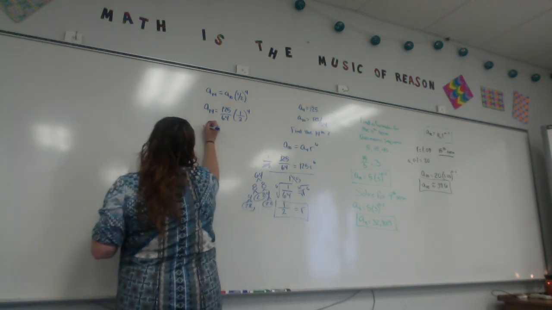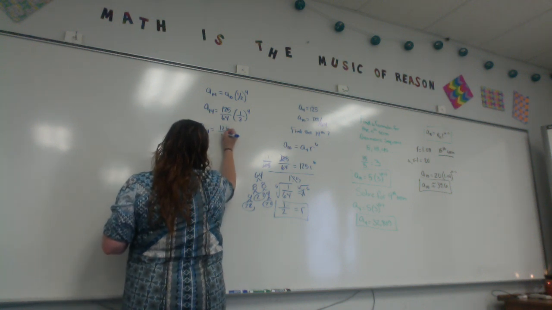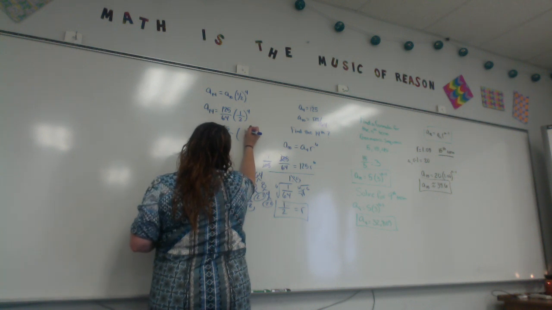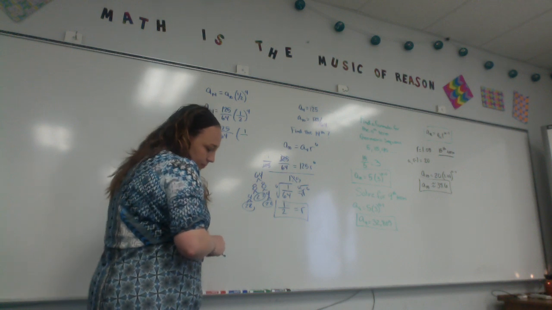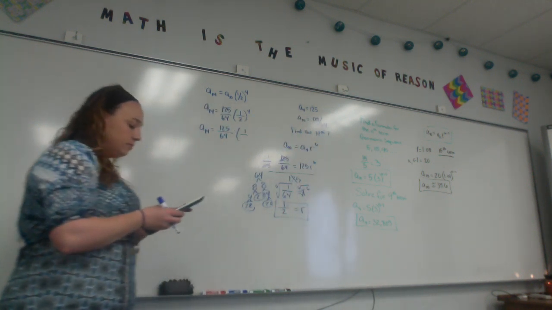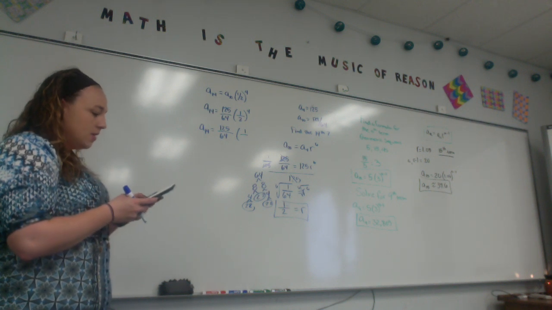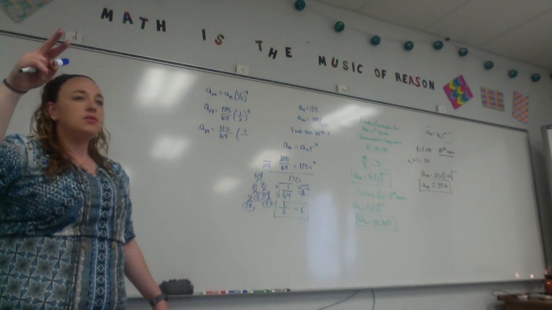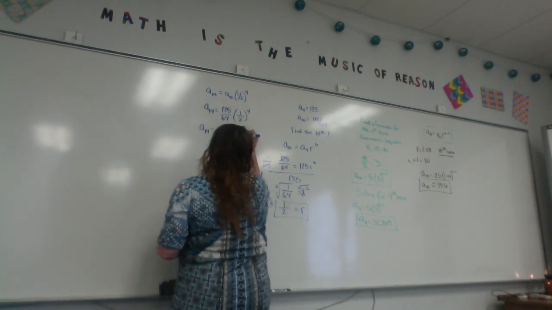What is 1/2 to the 4th? What is 1 to the 4th? 1. What's 2 to the 4th? 2 to the 4th is not 4. 2 times 2 times 2 times 2. 2 times 2 is 4. 4 times 2 is 8. 8 times 2 is 16.